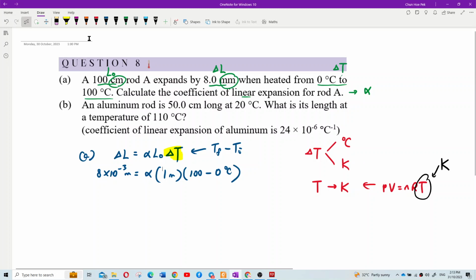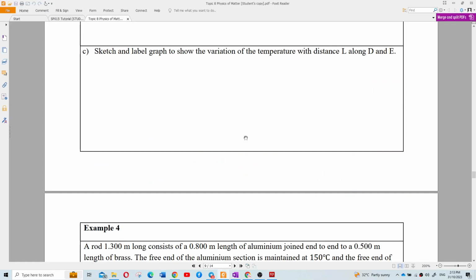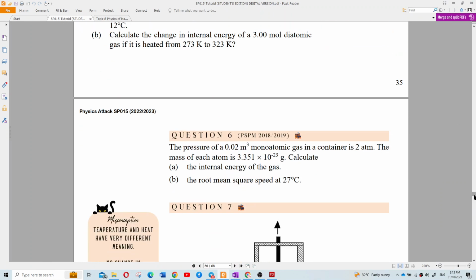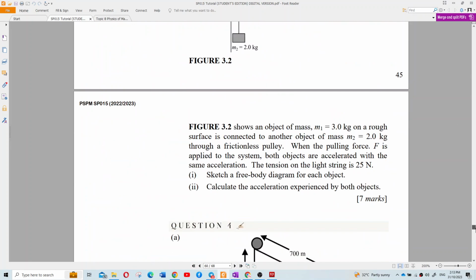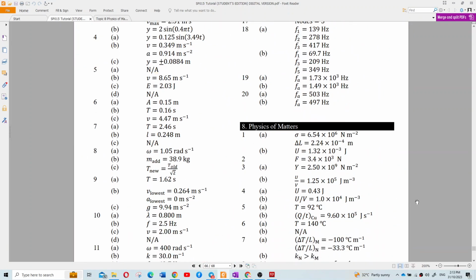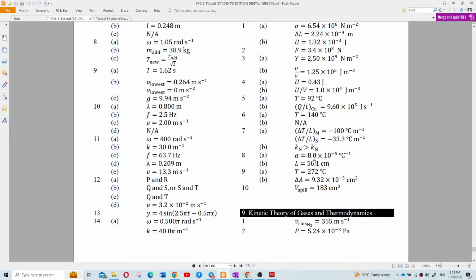Let's find out the alpha value, the coefficient. So what's the answer for alpha? Maybe I straight away see the answer. The answer is 8 exponent negative 5 per degree Celsius.